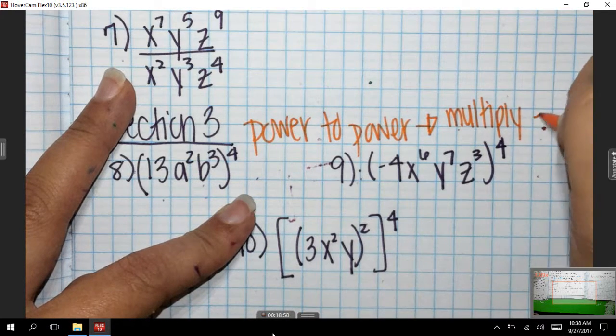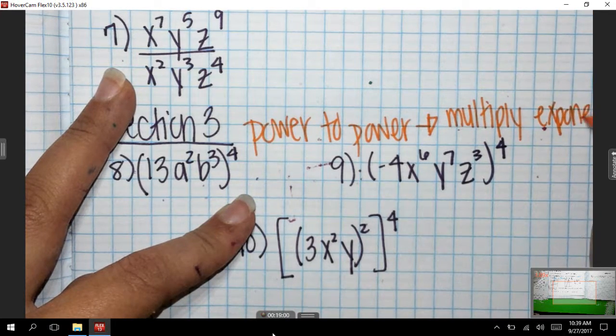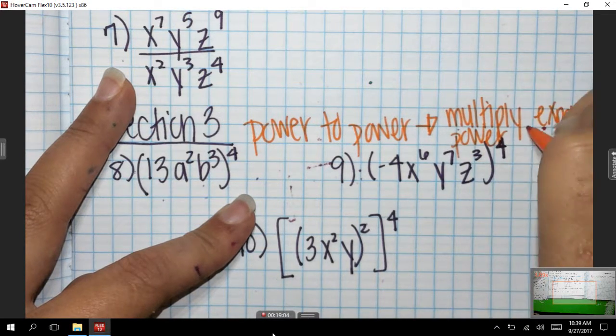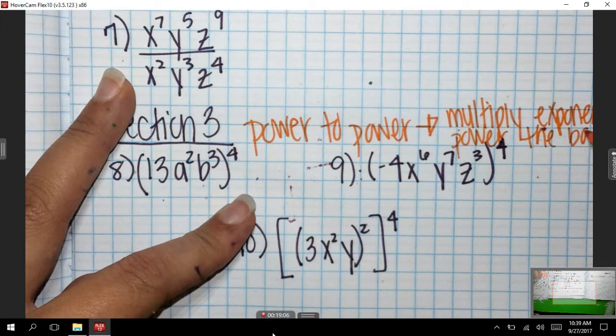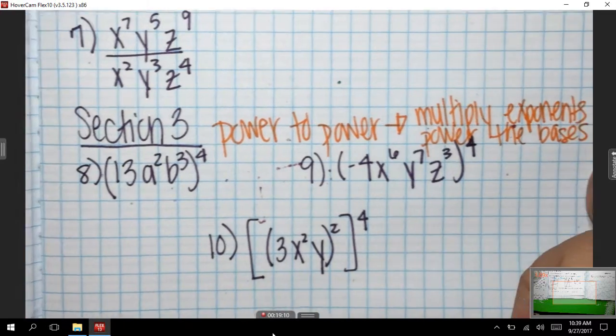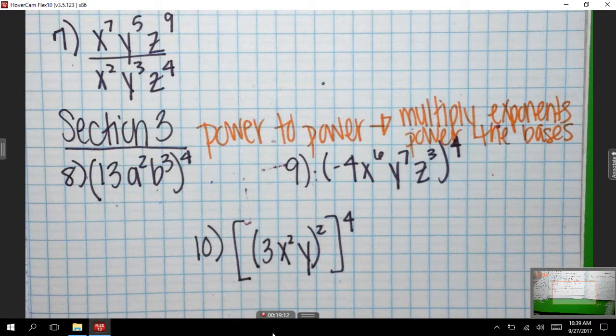Power it. How do you power it? So that'd be like 13 to the 4th power, so 13 times 13 times 13 times 13. That's a good question.